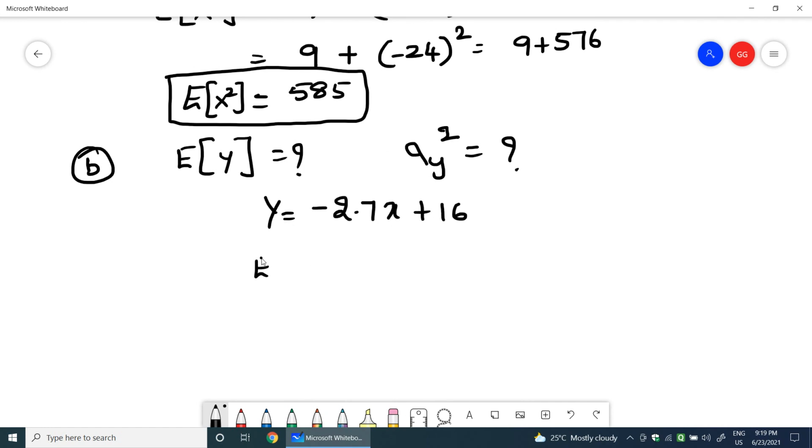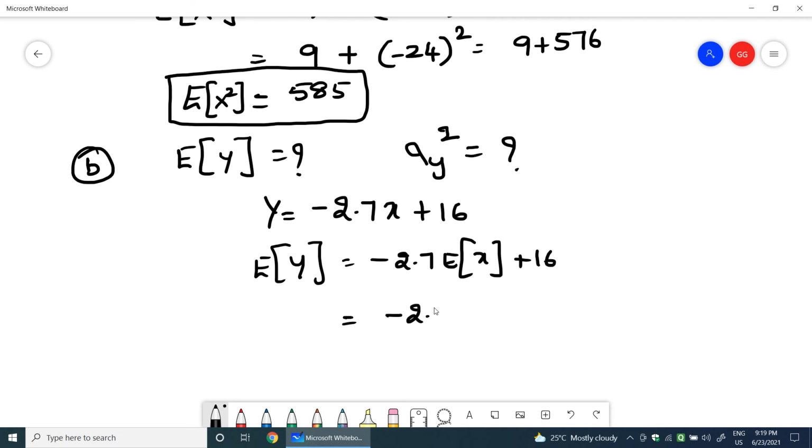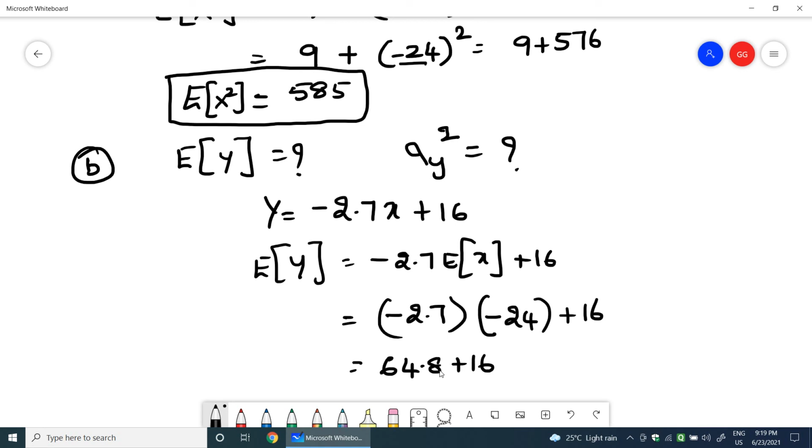I would say E of y would be equal to minus 2.7 E of x plus 16, which is minus 2.7 into E of x, given as minus 24, plus 16. Minus 2.7 into minus 24 gives 64.8, plus 16. Therefore, the mean or expectation of y will be equal to 80.8. This is the solution.